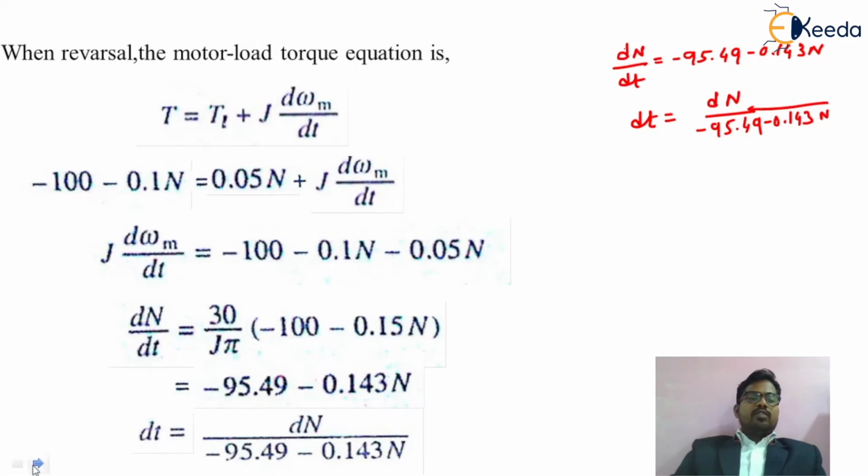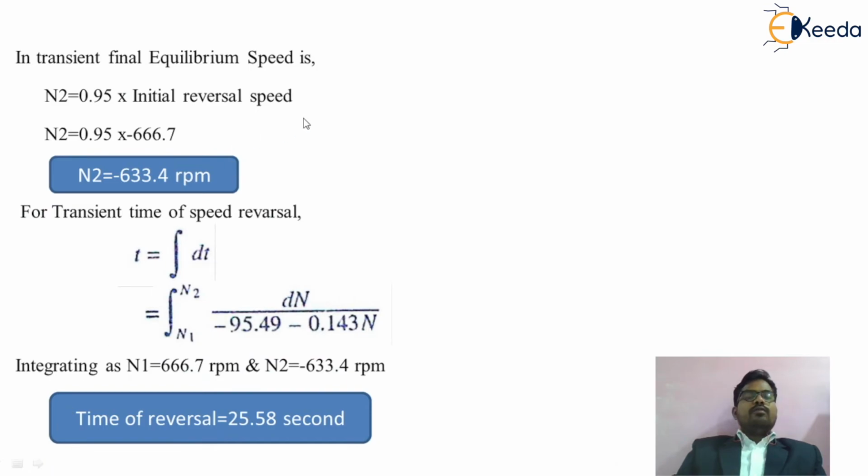Then the next step is what? We want to find out the value of n2. From the fundamental equations, n2 is called the final speed of your transient state, and that will be treated as 95%, meaning 0.95 into the initial reversal speed.